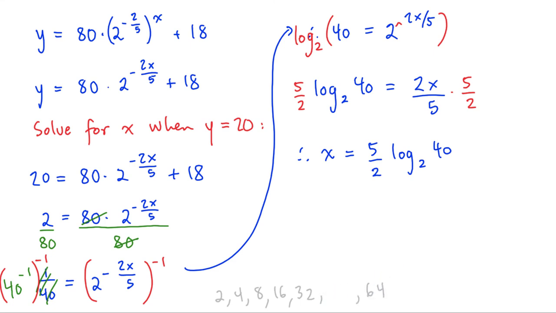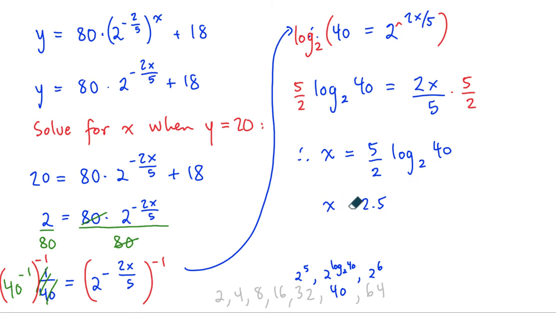And so my power of 40 lies between the perfect powers of 2, namely 32 and 64. And so what is the exponent on 2 to get 32? Well, that exponent is 5, so this is 2 to the 5, and 64 is 2 to the 6, which means that log base 2 of 40 lies between 5 and 6. And so, if this is an answer between 5 and 6, then multiplying by 2.5, I'll write it like this.